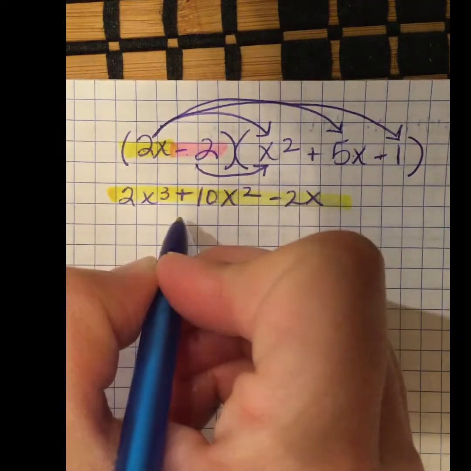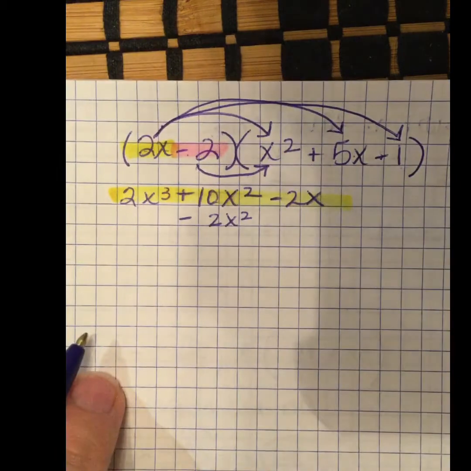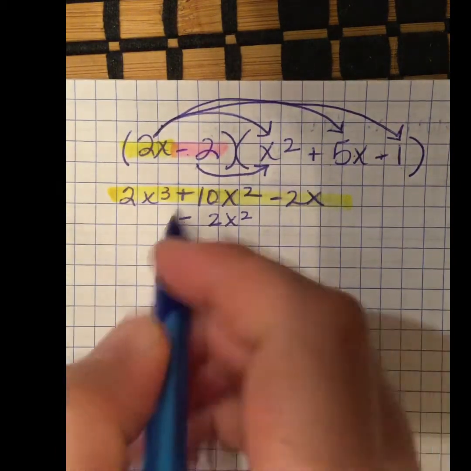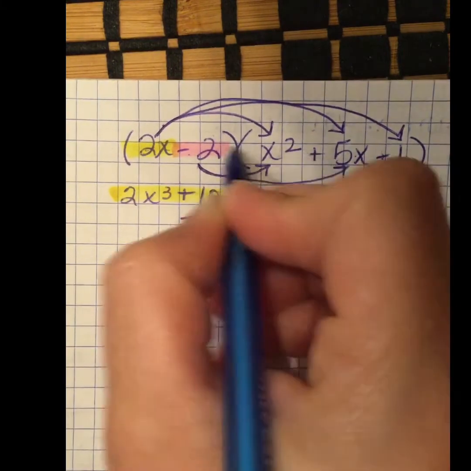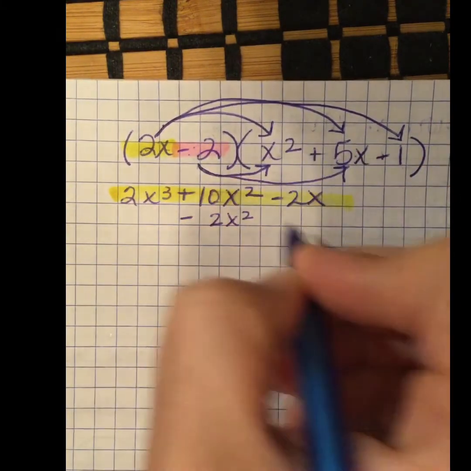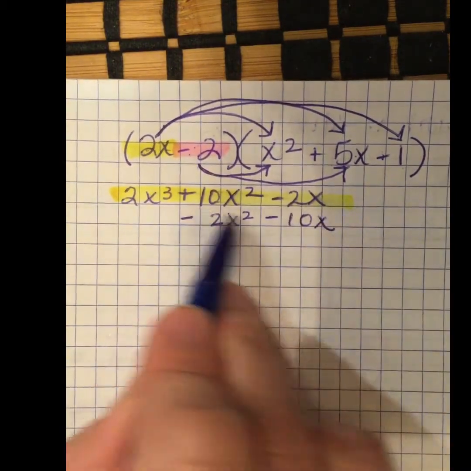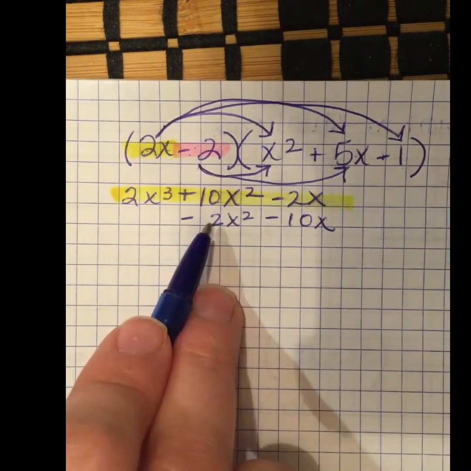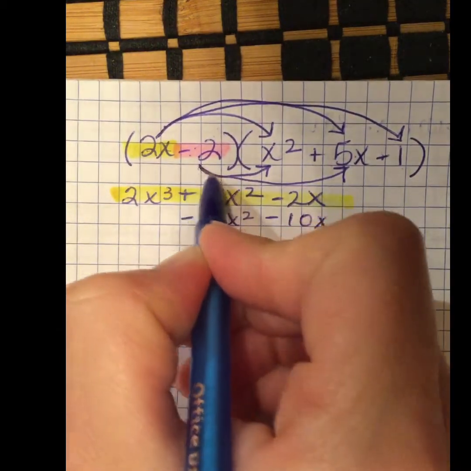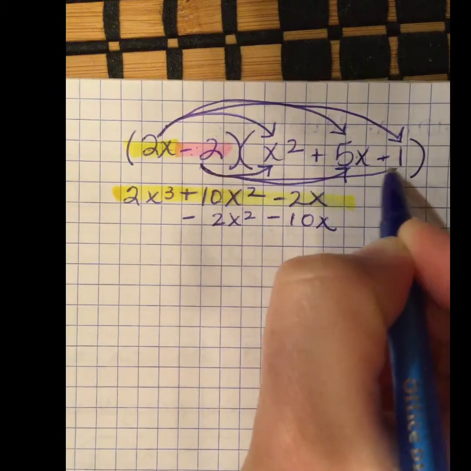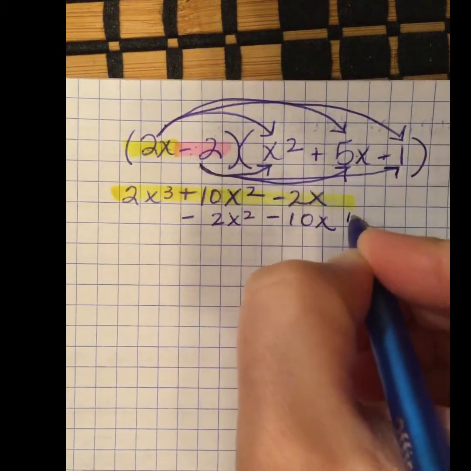So I'm actually going to stack that right there. And then I'm going to do negative 2 times 5x. Well, that's negative 10x. So I'm just starting a second line, and I'm just offsetting it. And then I'm going to multiply the negative 2 times the negative 1 and get positive 2.